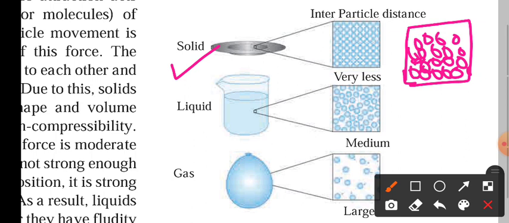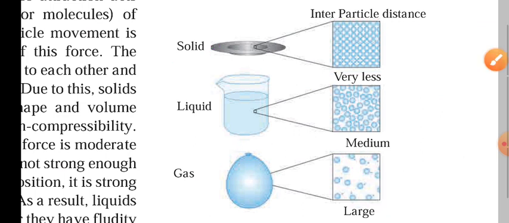Whereas in a liquid, you can see here the vacant space is a little bit more as compared to the solid. But when we talk about the gaseous, you can see the particles are freely moving. They are very far from each other as compared to the solid. In a solid, they are very compactly arranged, with very little space.